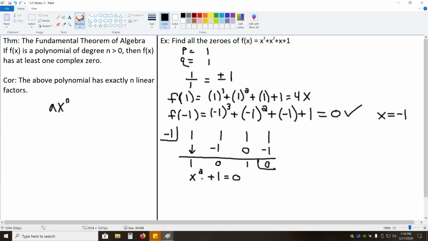And how can we solve this for x? We'll subtract 1 from each side to get x squared equals negative 1. And then take the square root of each side to get x equals plus or minus the square root of negative 1, which is i. We now have all 3 of our zeros. x equals negative 1, positive i, and negative i.